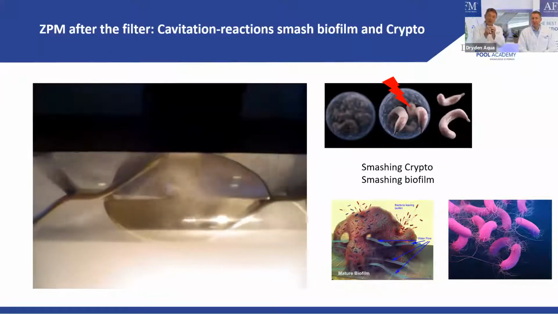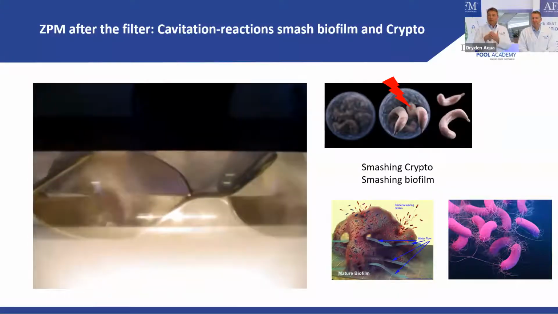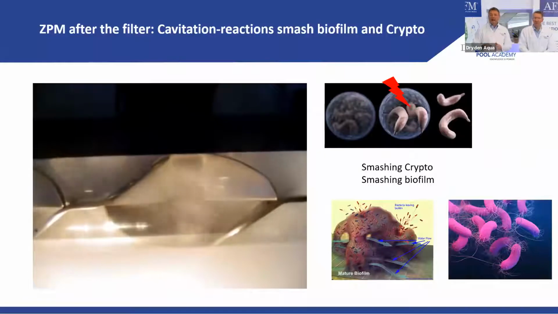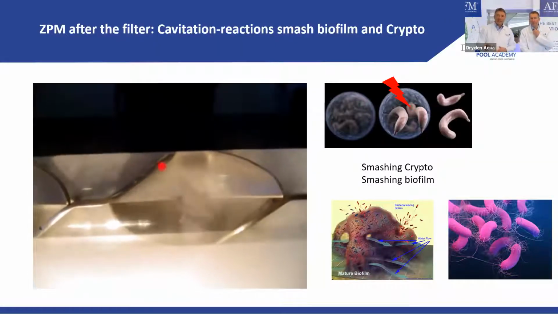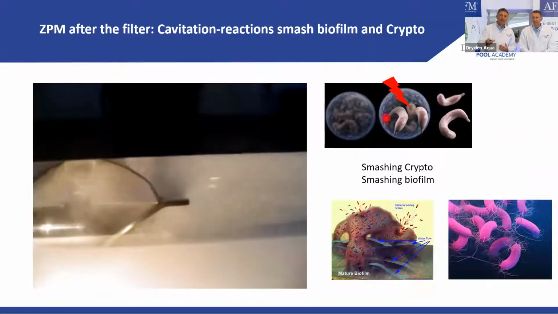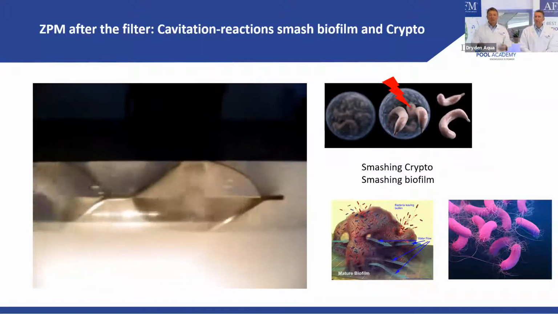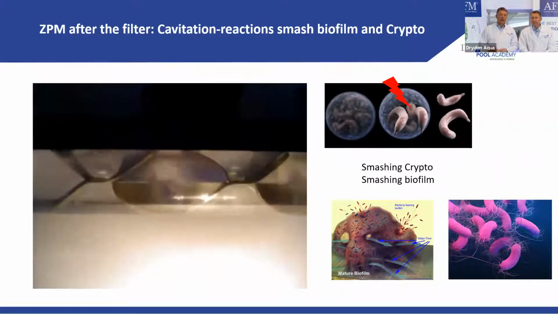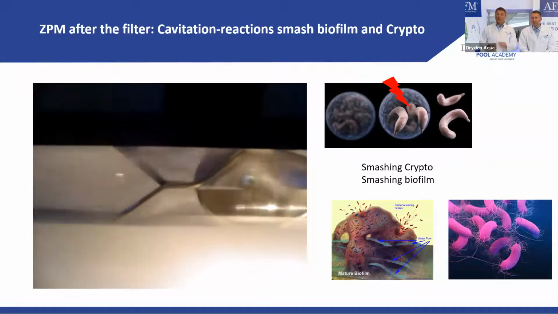If these nanobubbles implode, you get a pressure hammer of, I think, 1,000 bars. And if that touches these cells, this biofilm, or this crypto shell, then you blow a hole in it.